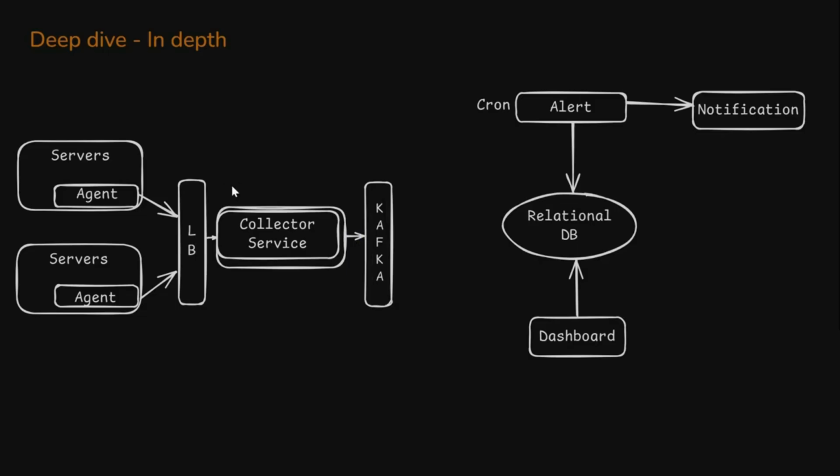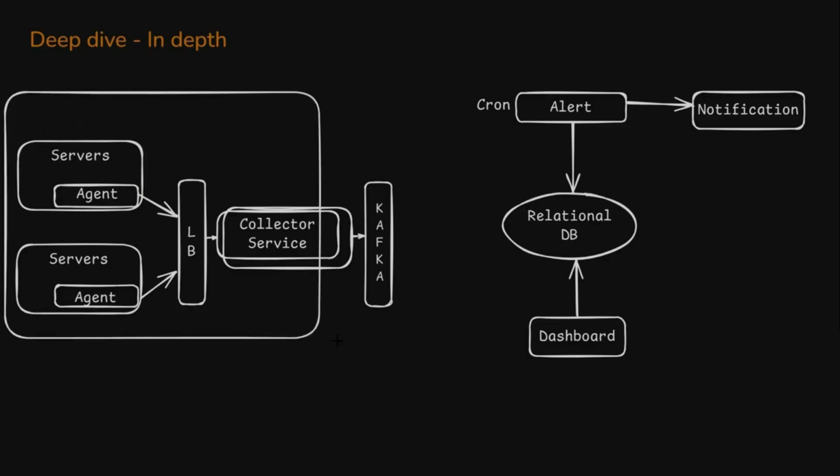Now you can see why I have not used the API gateway here, and why I have used the load balancer. That's the difference between a load balancer and an API gateway. This is not a public-facing server. Probably this is wrapped under a virtual network here.